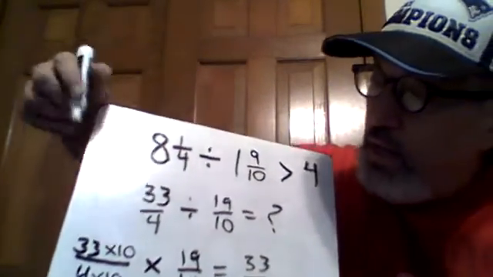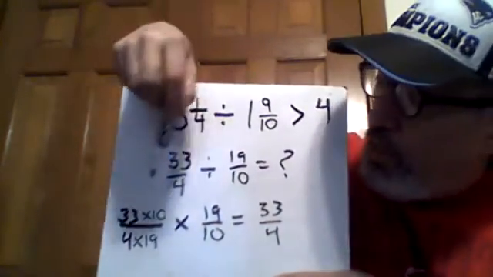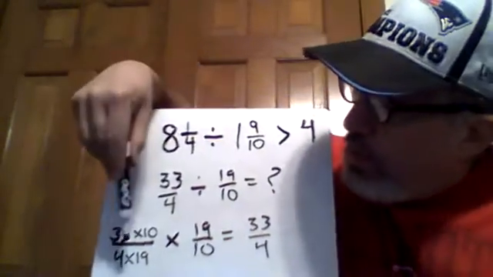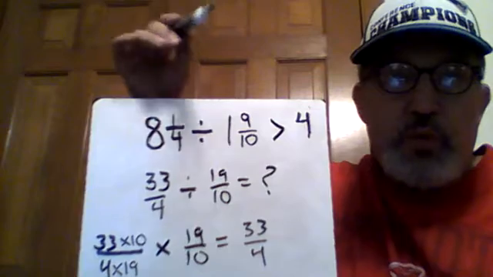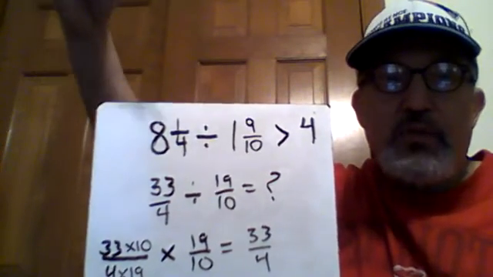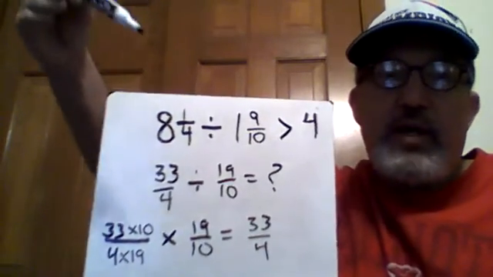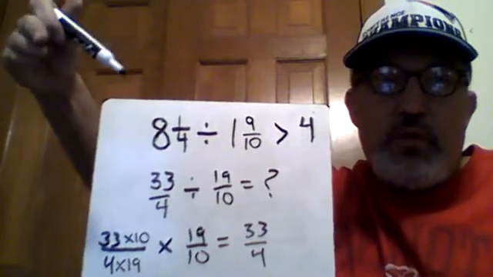Why do we do that? If we multiply these two fractions together across the top and bottom, 33 times 10 times 19 is the numerator. 4 times 19 times 10 is the denominator. But as we know, with fractions, we can cancel products, like factors, top and bottom of a fraction.